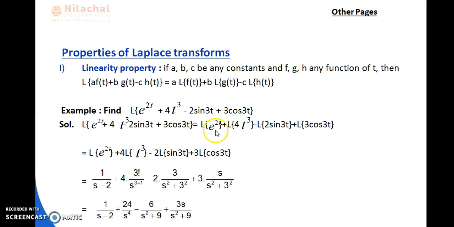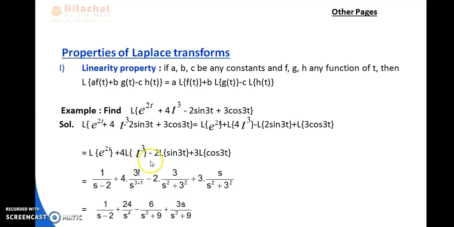Here there is no constant in the coefficient of e to the power 2t, so directly write Laplace of e to the power 2t, and 4 is a constant, keeping it outside, plus 4 into Laplace of t cubed. 2 is a constant, keeping it outside, minus 2 into Laplace of sin 3t. 3 is a constant, keeping it outside, plus 3 into Laplace of cos 3t. Then come to the values: Laplace of e to the power 2t is 1 by s minus 2. 4 into t cubed means n factorial by s to the power n plus 1.